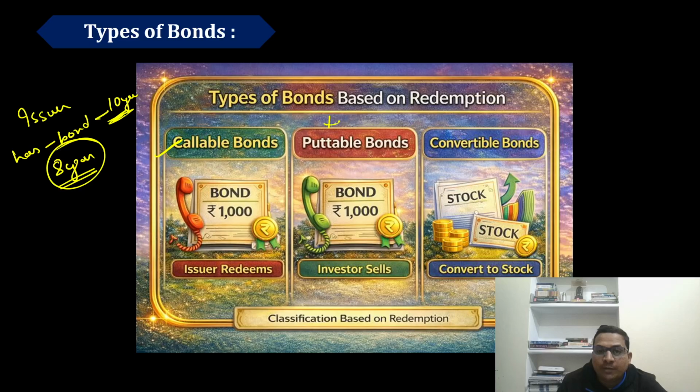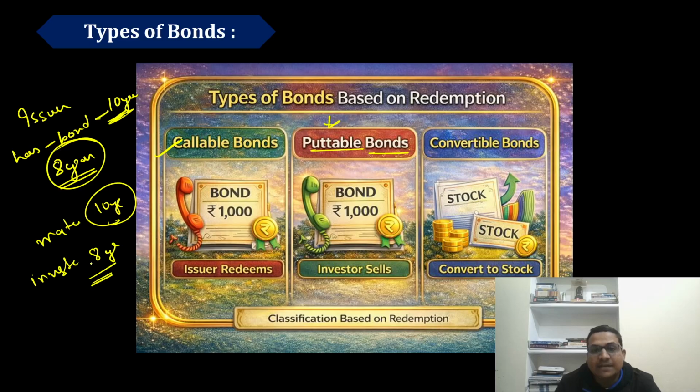And when we talk about puttable bonds, if the maturity period is 10 years and the investors want to sell that bond before 10 years, let's say at 8 years, then that bond is called a puttable bond. Then comes the next one, the convertible bond.